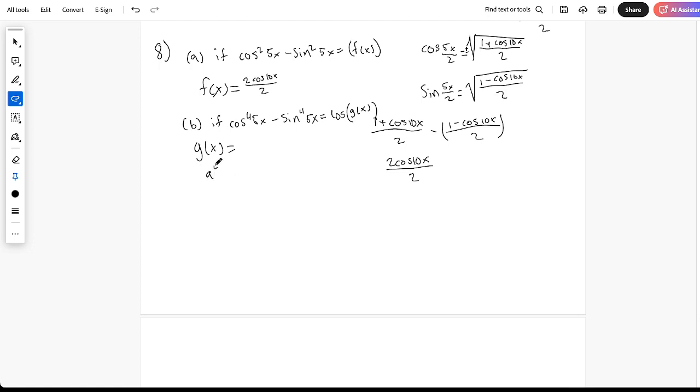They have a to the 4th power minus b to the 4th power, and this equals, as they say, a squared minus b squared times a squared plus b squared. Let me just double check that's what they have. Yes, it is, but I'm going to write it a little bit better. B squared. Still not the best, but it's better.